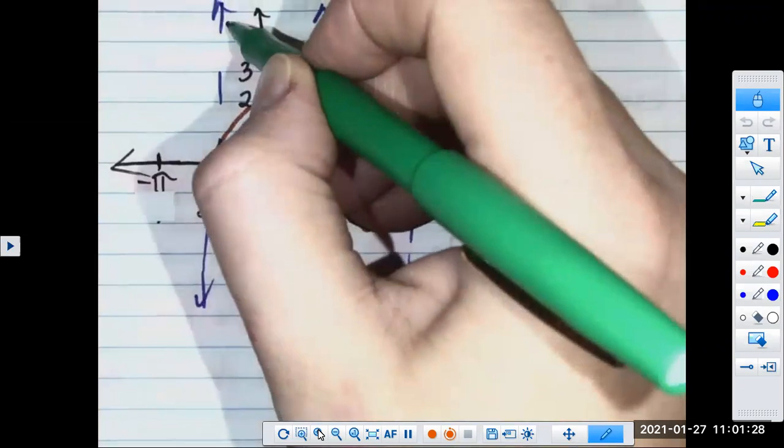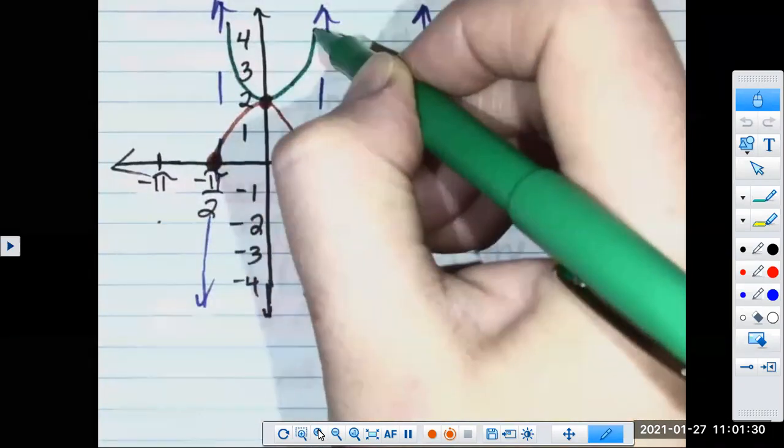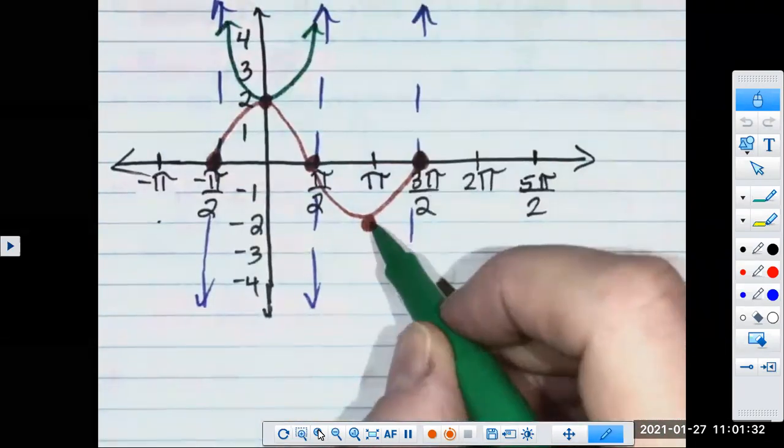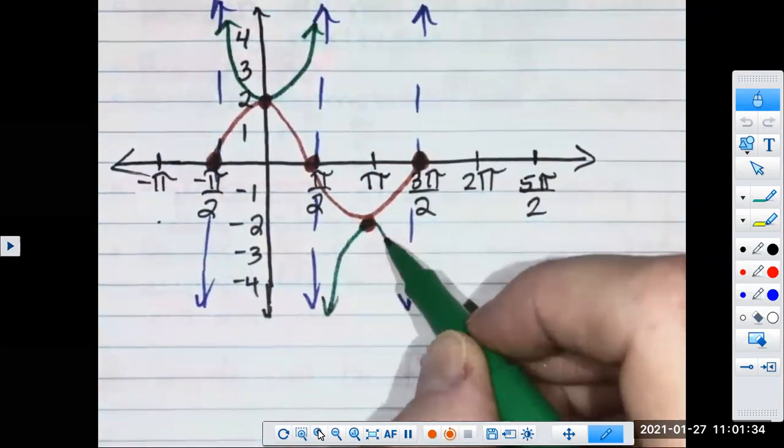Then you draw a parabola from your relative maximum, relative minimum.